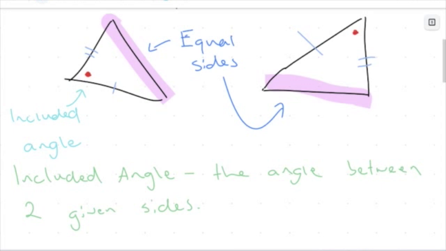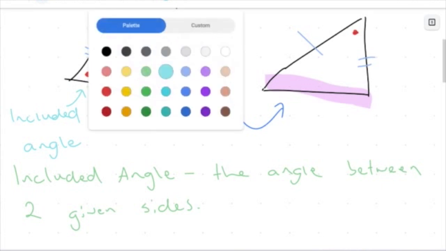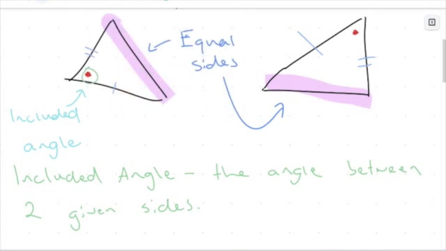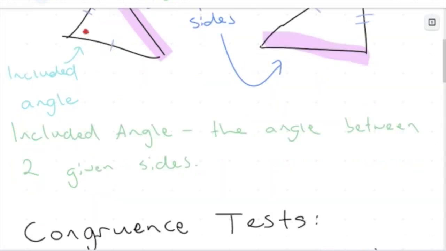That is why, when we're looking for ways to prove that triangles are congruent, we include the one in the middle.